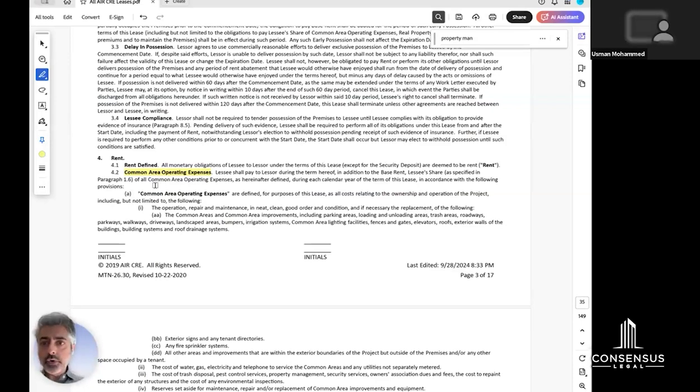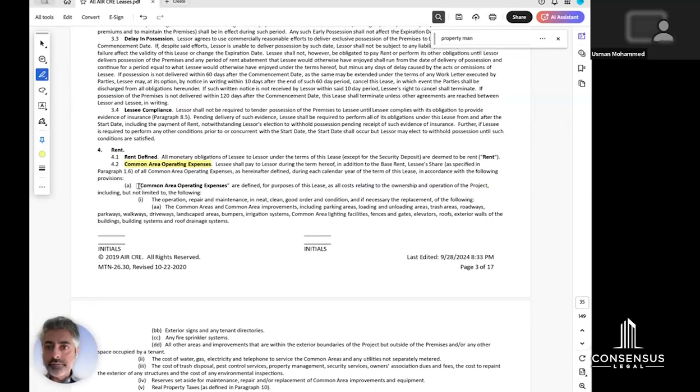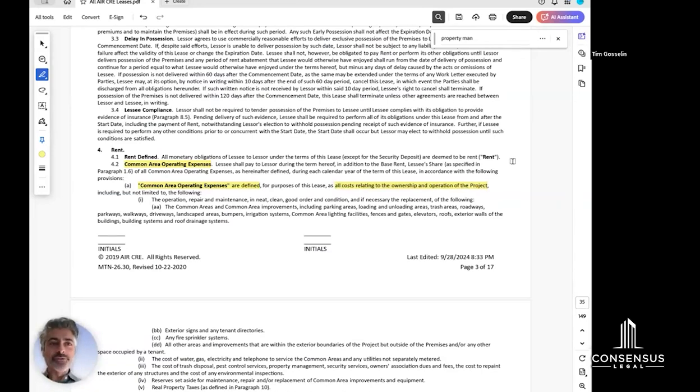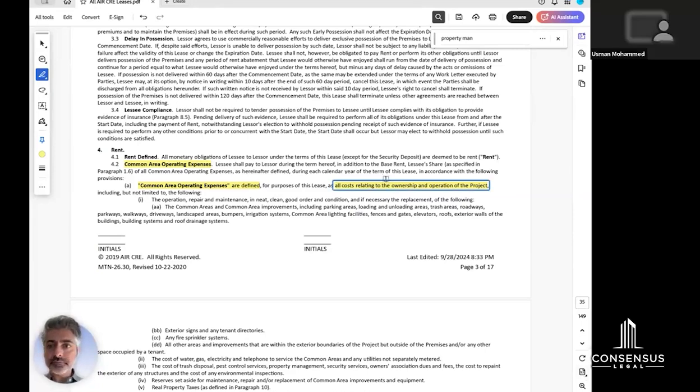So 4.2a is the key provision here. And common area operating expenses, this is the definition. It's defined as all costs relating to the ownership and operation of the project. That's a very broad language, right? When it says all costs.